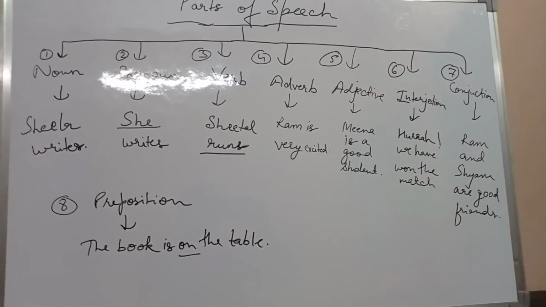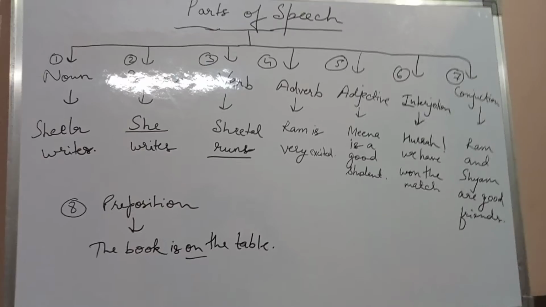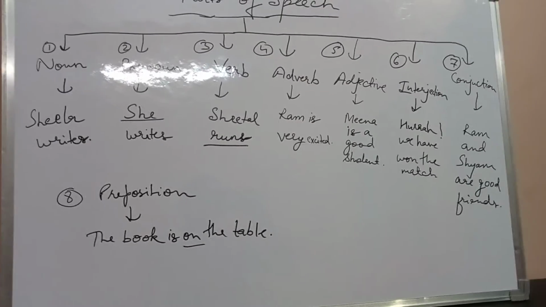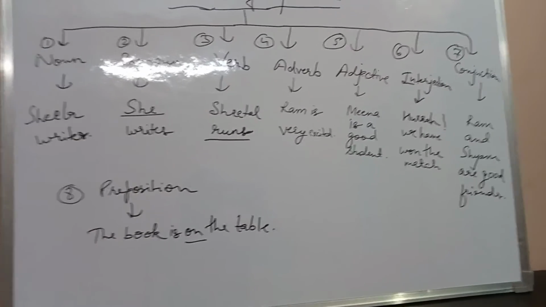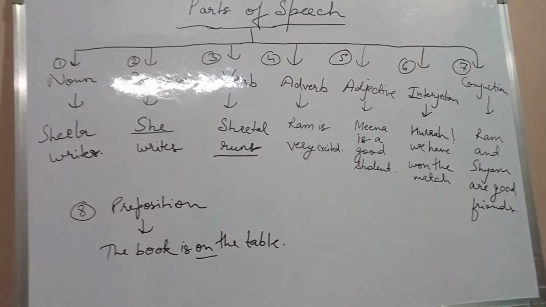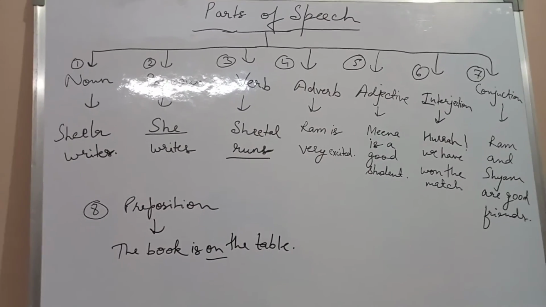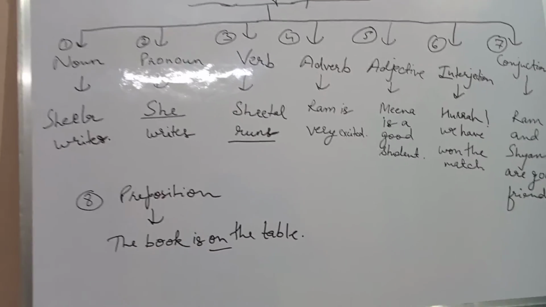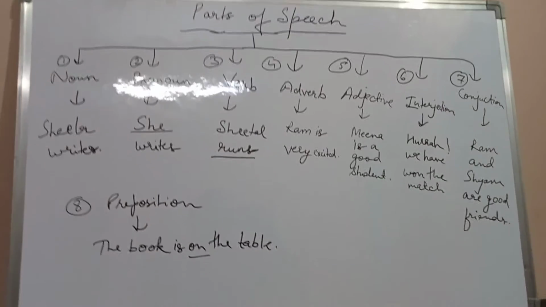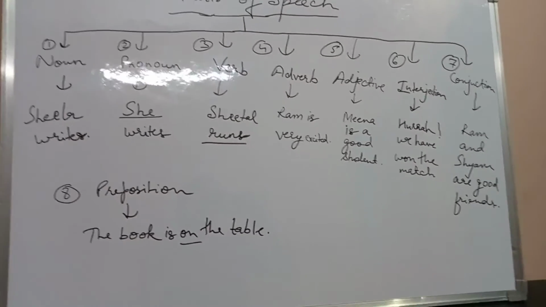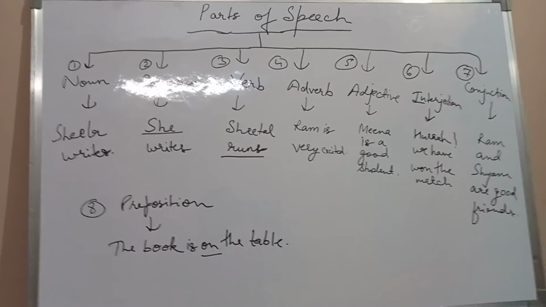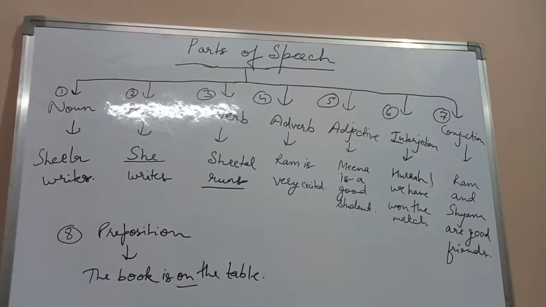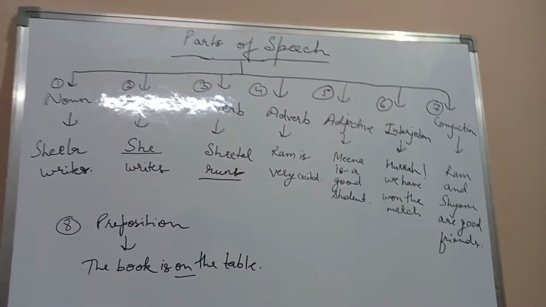So this is an important part. Conjunction examples include and, but, or. Raju or Meena will be coming late. Choose A or B. So what is this? Or, and, but, etc. These are the parts of speech which come under the term conjunction.